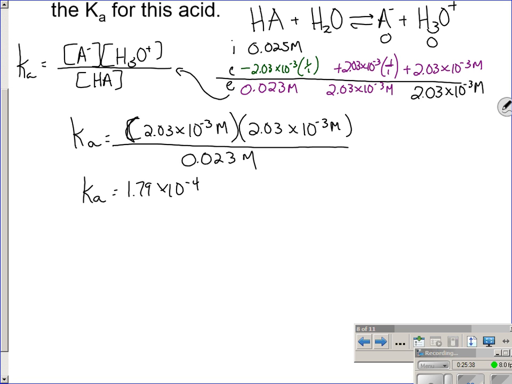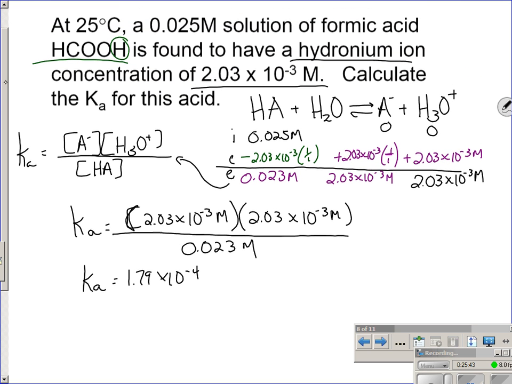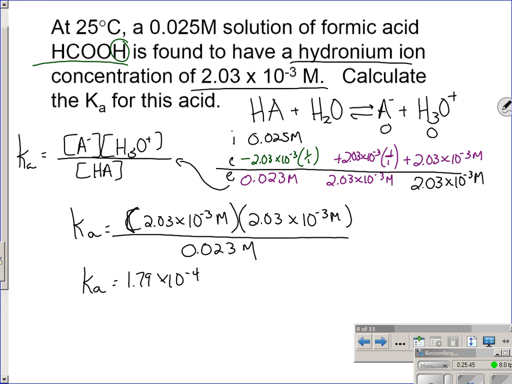One of the things I probably should have changed about this is that most of the time when you're solving for the acid dissociation constant for an acid, they don't actually tell you what the hydronium ion concentration is. They'll tell you that by giving you pH.